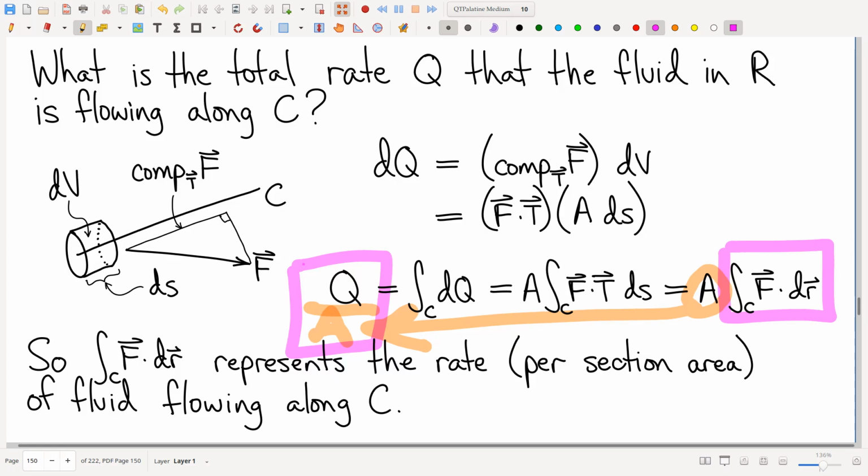It's pretty natural, if area is going to be a factor, to say, look, let's keep it simple and talk about how much of this fluid flows per unit area, because if area is just a multiplicative factor, it's ultimately irrelevant.